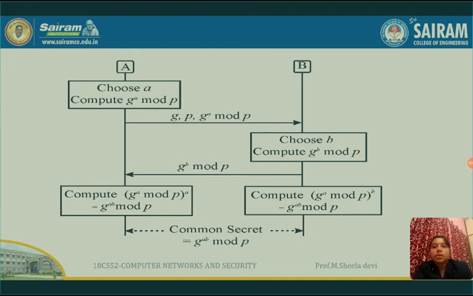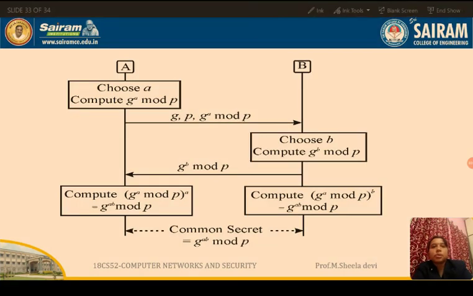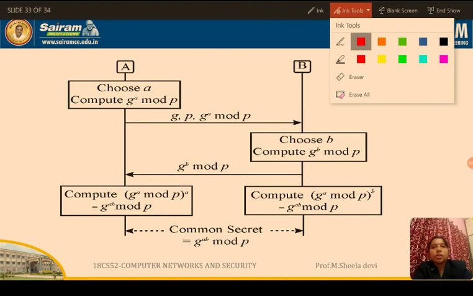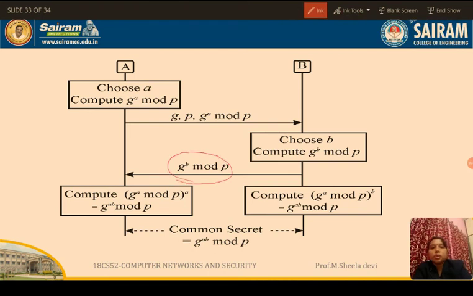I got G power b mod P from B. I am A. So what I'm going to do is use this G power b mod P, and raise it to the power a. I know the random number a which I have generated. After applying the power, I get the value G power ab mod P. This will be my session key.